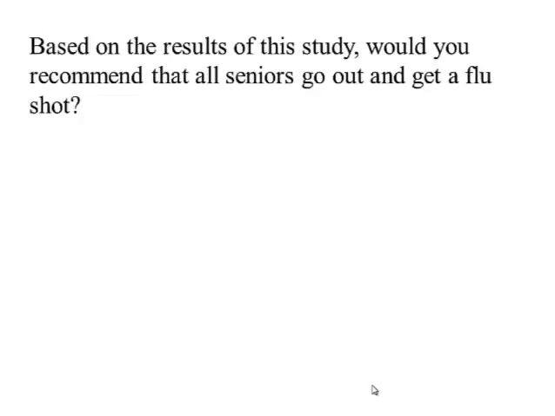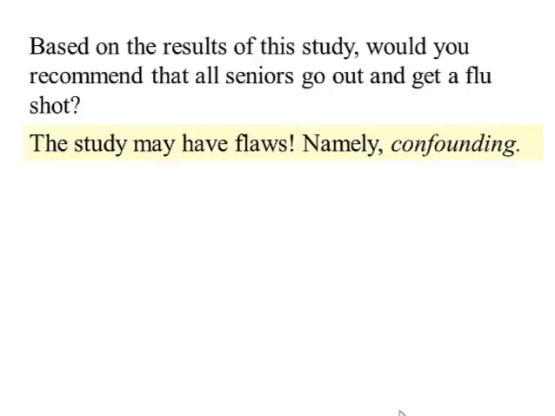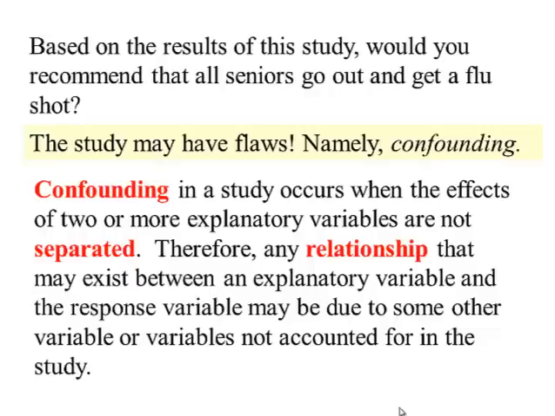Based on the results of the study, would you recommend that all seniors go out and get the flu shot? The answer is no. The study may have flaws, namely confounding. Confounding in a study occurs when the effects of 2 or more explanatory variables are not separated. Therefore, any relationship that may exist between the explanatory variable and the response variable may be due to some other variable or variables not accounted for in the study.